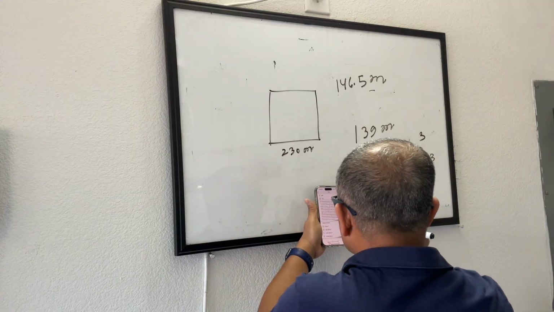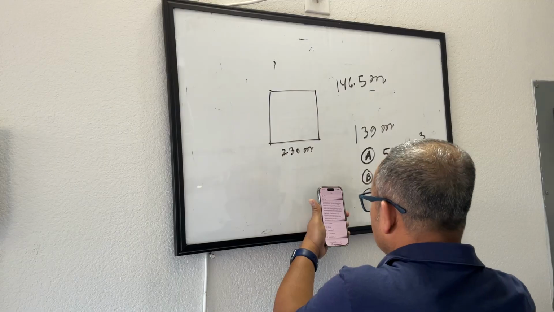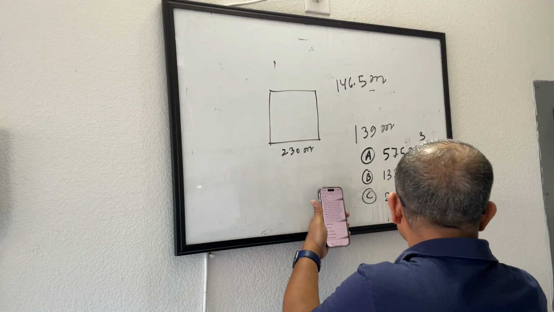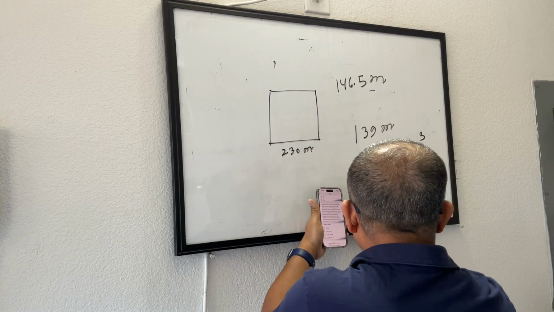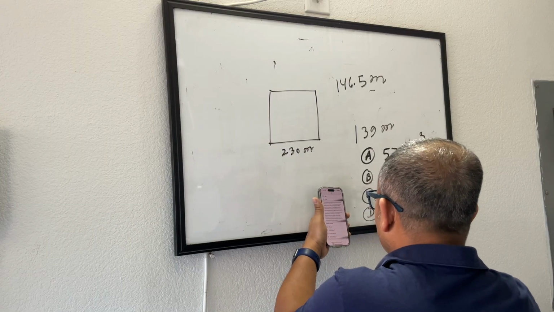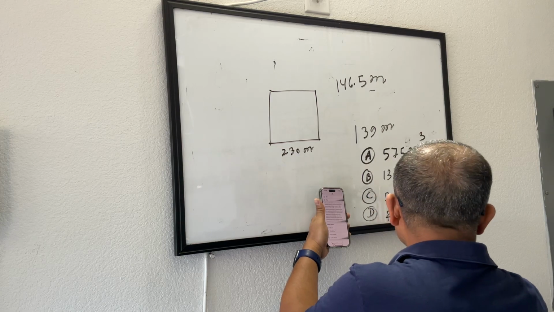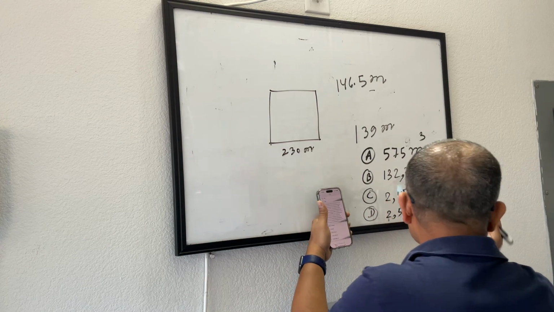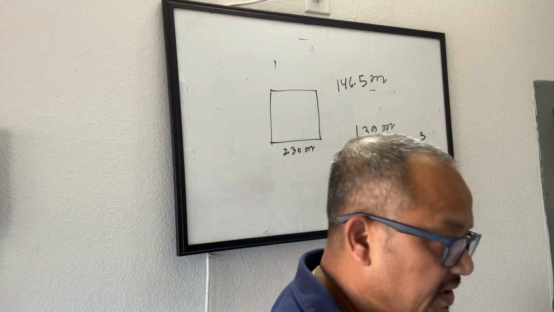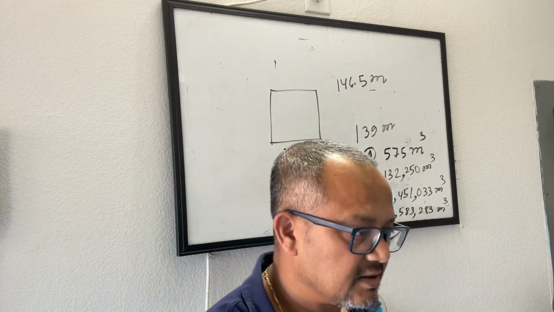Option C is 2,451,033 meter cube. And option D is 2,583,283 meter cube. Yep, right. B.